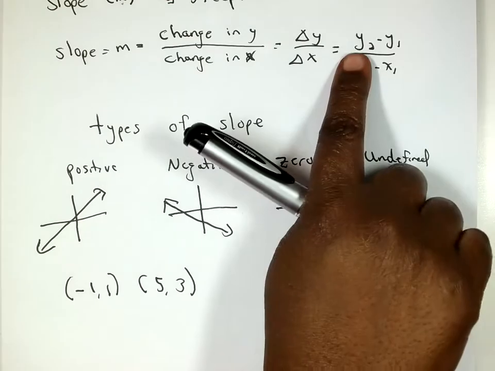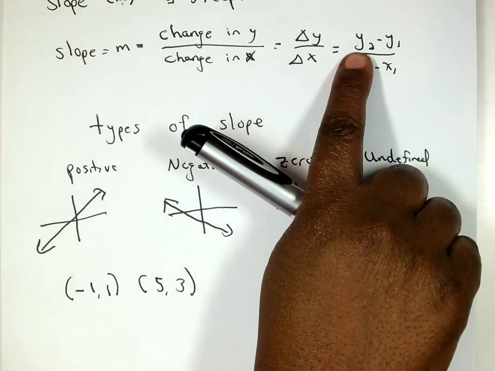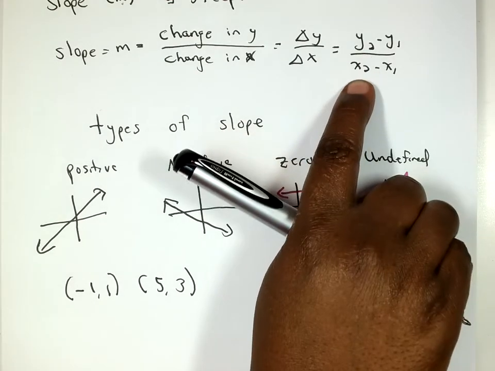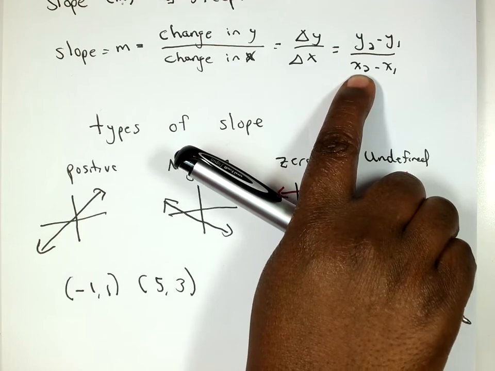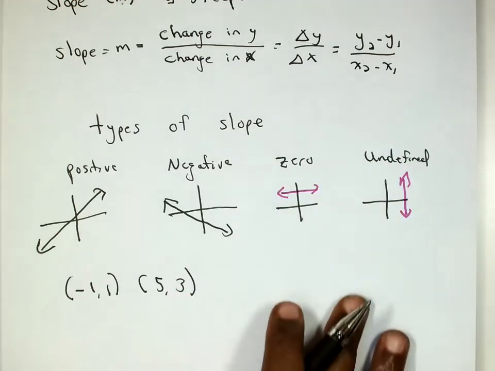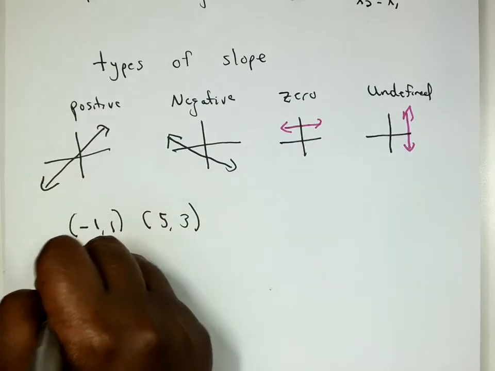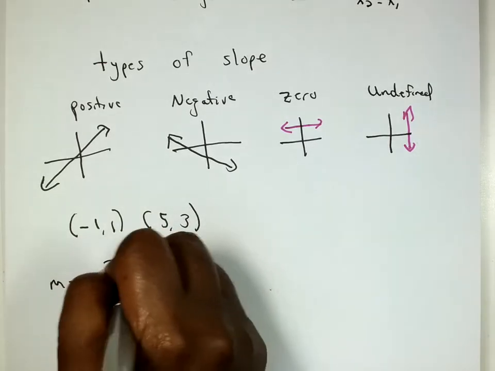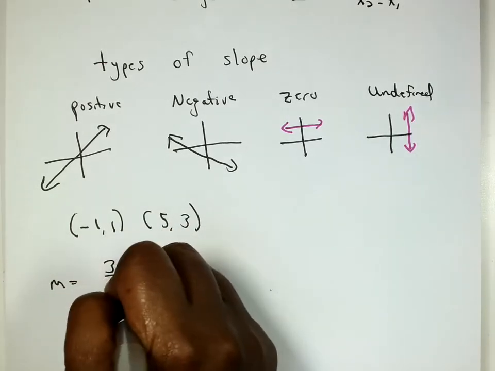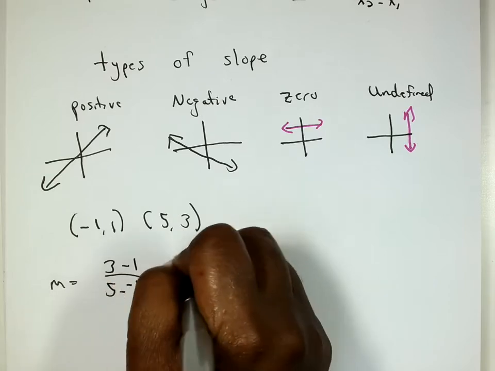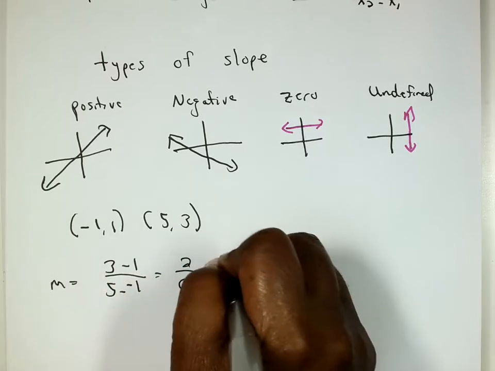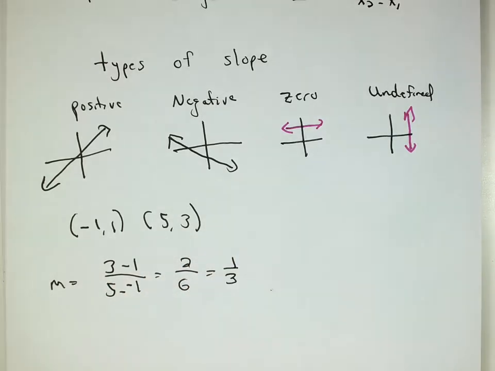So whatever one you call the x2, y2, if you have y2 on top, then that coordinate that's in the ordered pair has to go right underneath it. So I'm going to do 3 minus 1 on top, 5 minus -1 on the bottom. So I get 2 over 6, and that has a slope of 1/3.